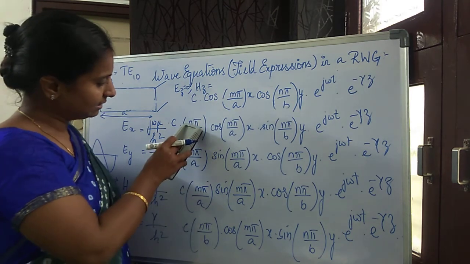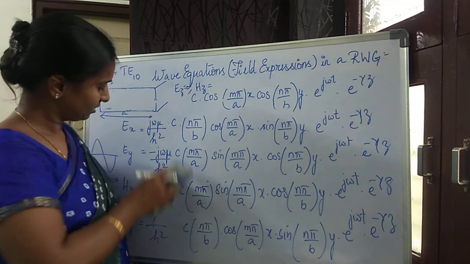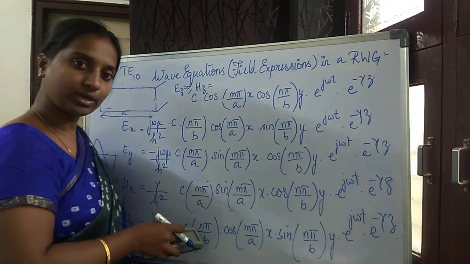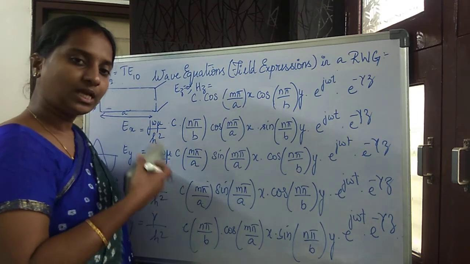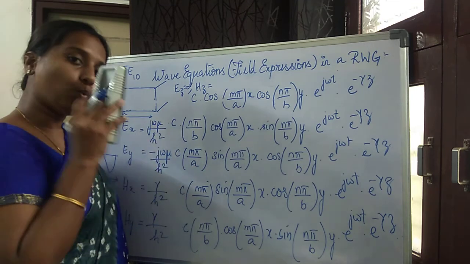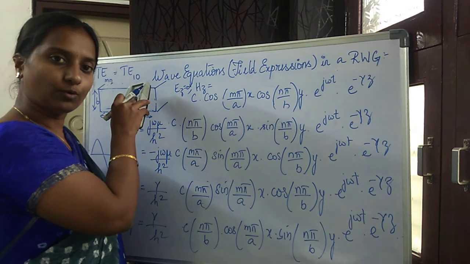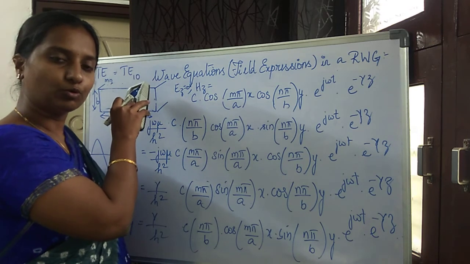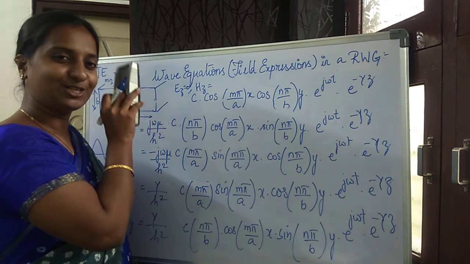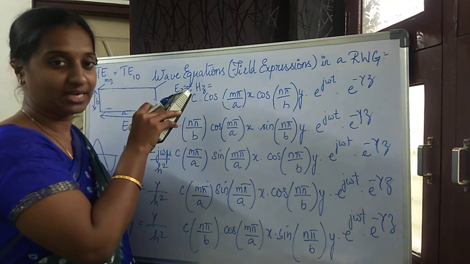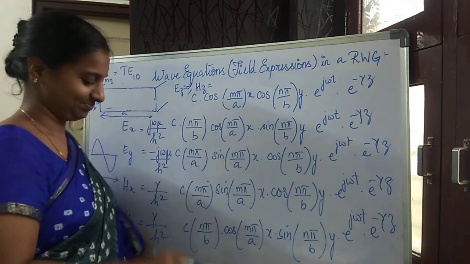So when I put N is equal to 0, what will happen? These two terms become 0. Some field expressions are missing. So we will see what field expressions we get for TE10. This is the dominant mode for TE mode. We will draw the field patterns for TE10.